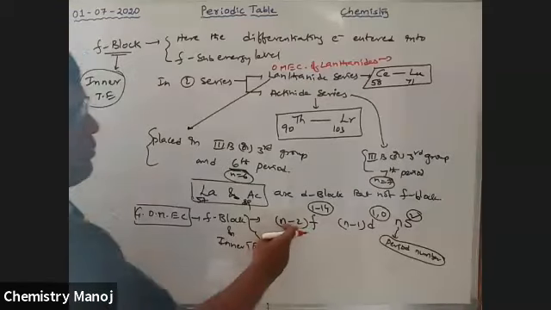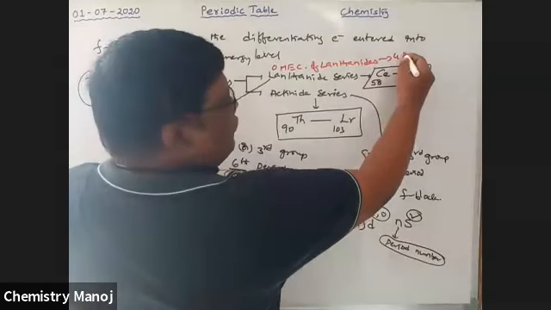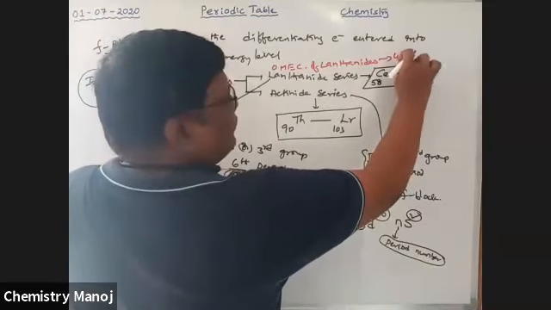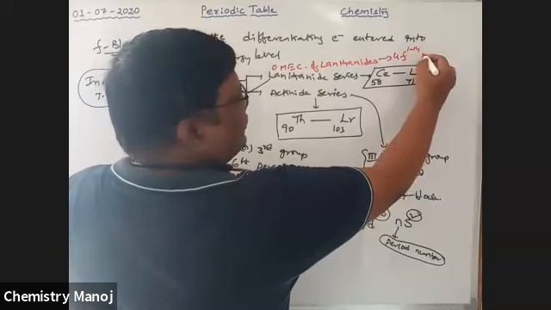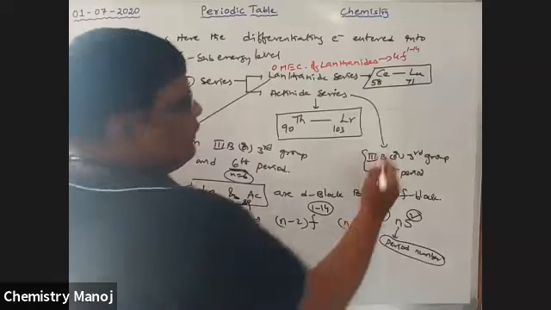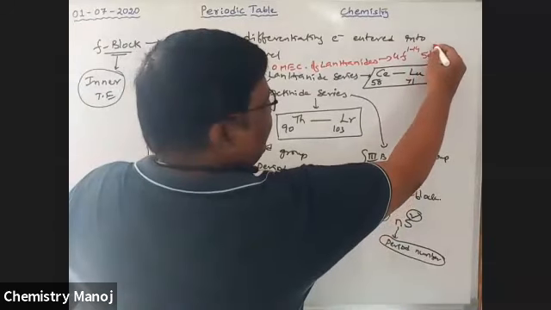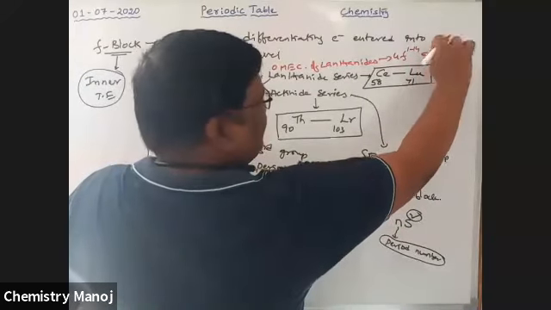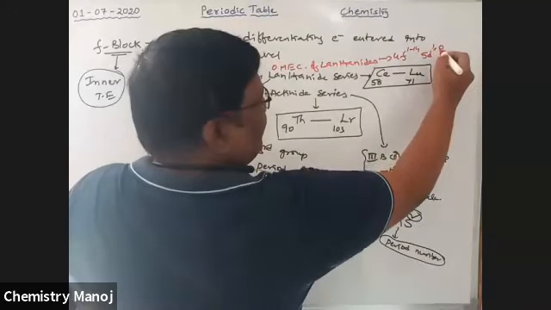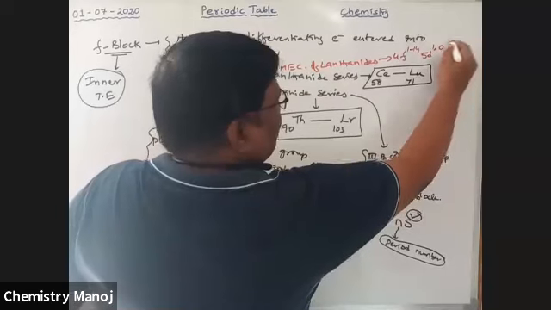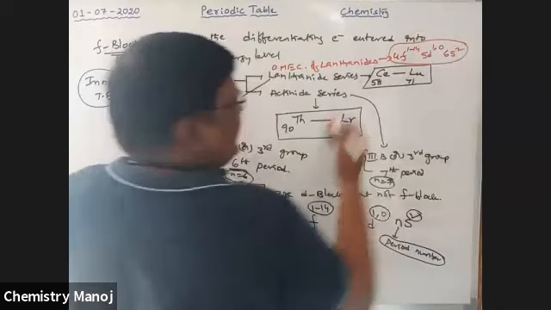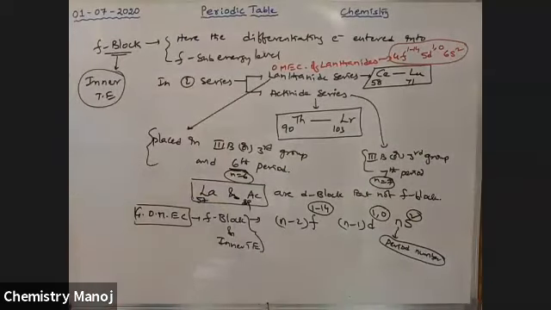So that is 6 minus 2, 4f 1 to 14; 6 minus 1, 5d 1 or 0; next, 6s2. That is the outermost electronic configuration only for lanthanides.